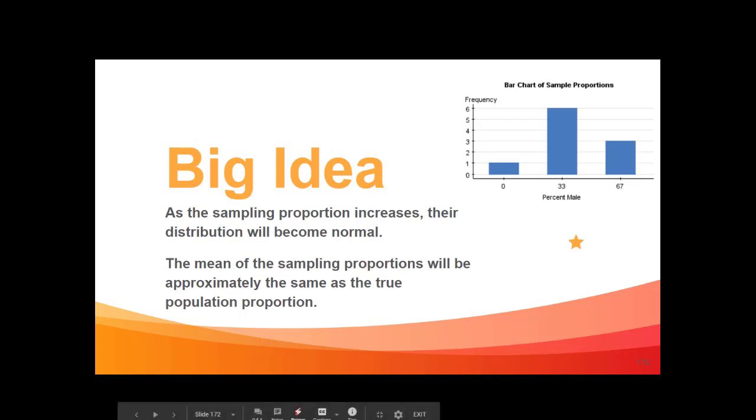So in other words, if I have my population and I take a sample and I calculate the proportion, and then I take another sample and I calculate that proportion, and I take another sample and I calculate that proportion, right? And I do it over and over and over again. And then I take all my newly calculated proportions and I average them out. I take the mean of those proportions.